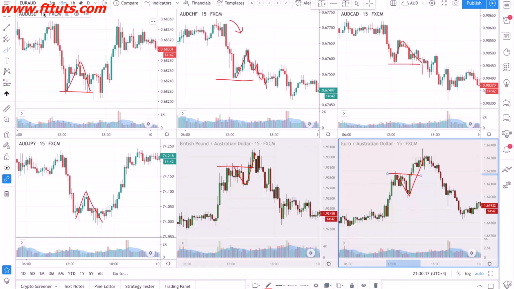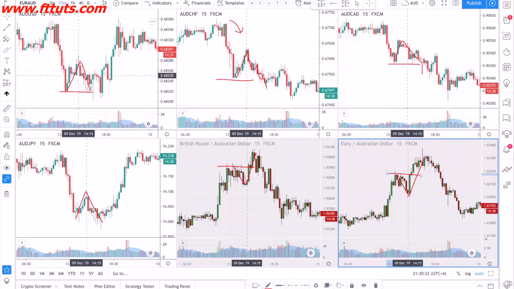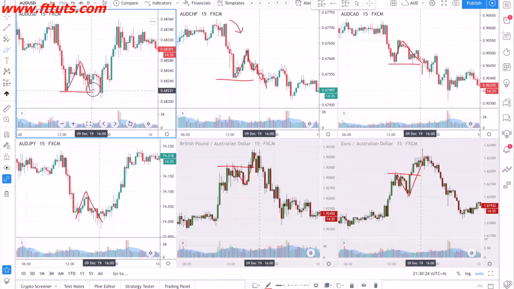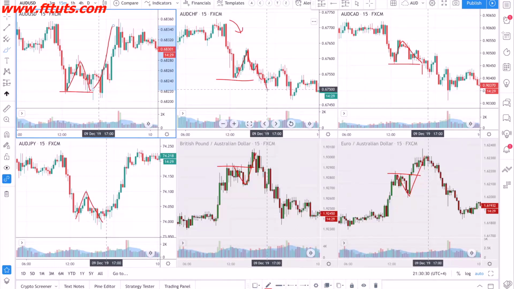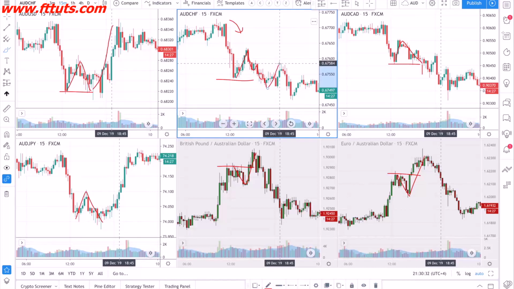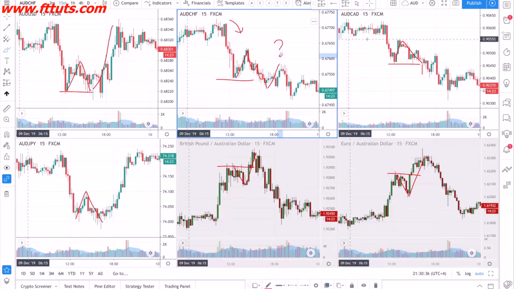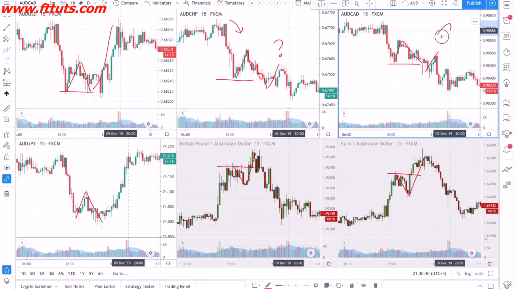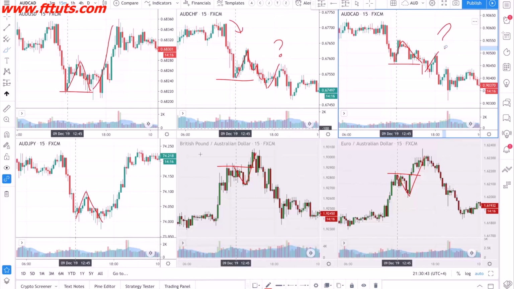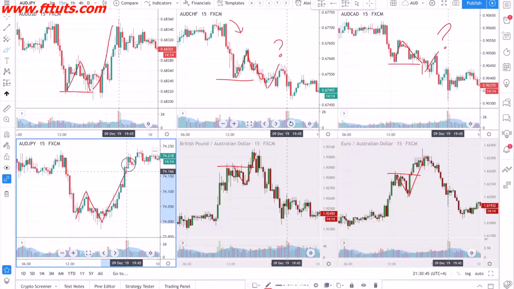So in this case, after some of the digestion on Aussie USD, he goes up for the next meal by making a higher high. While in Aussie Swiss franc, where is that higher high? It's not there. While on Aussie CAD, where is that higher high? It's not there. Aussie yen, and there it is.